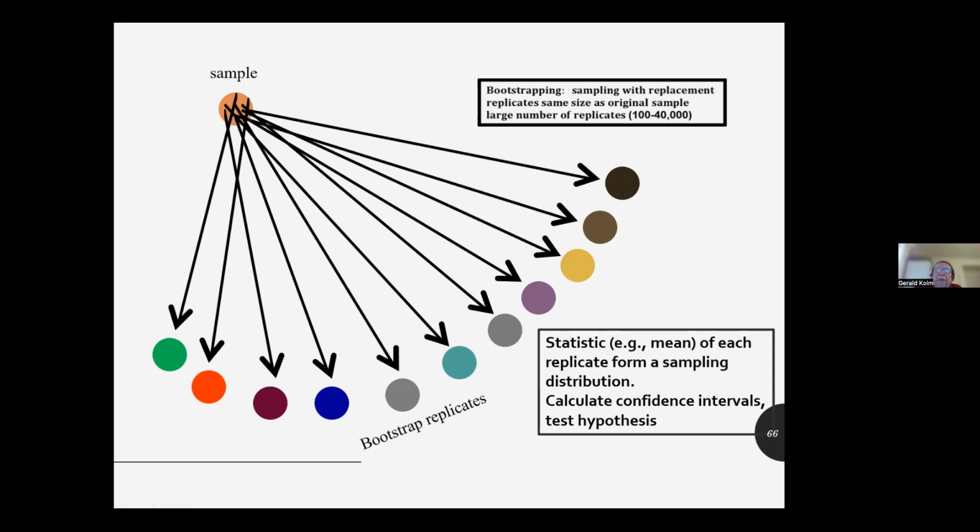In doing this, we can calculate statistics, we can calculate confidence intervals, we can test hypotheses. In this sense, it doesn't matter what the distribution of our outcome variable is. We're just creating a distribution of that statistic.